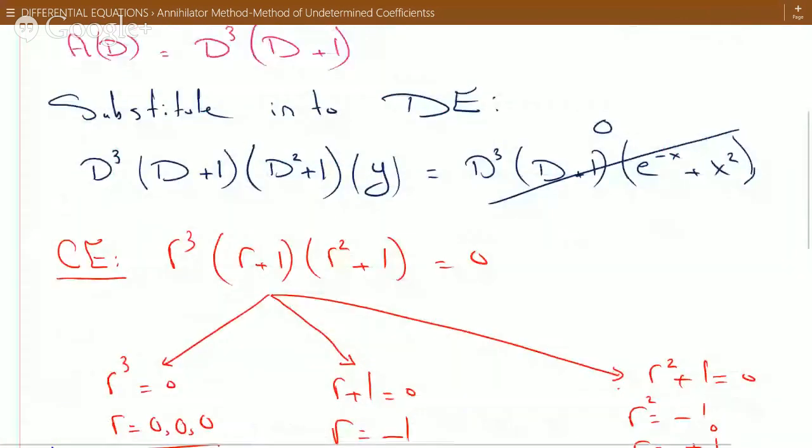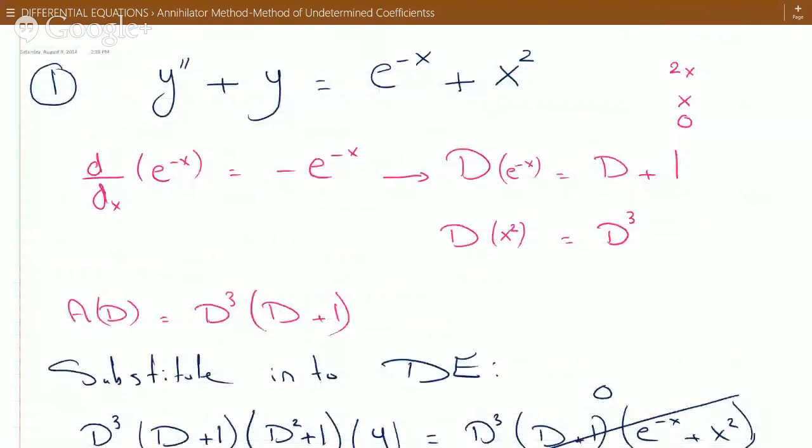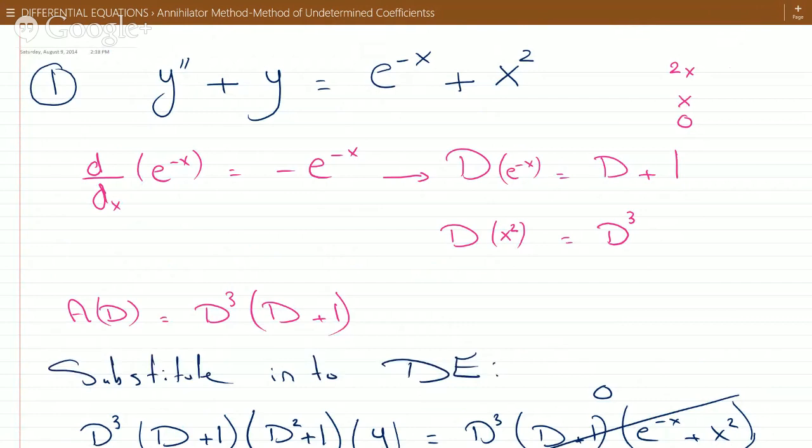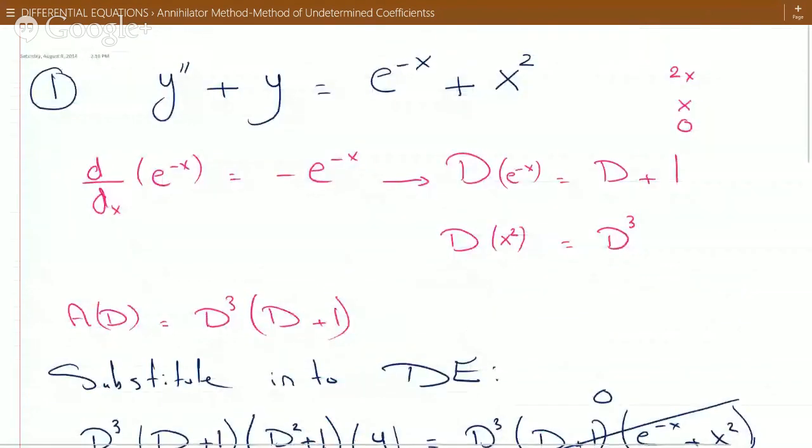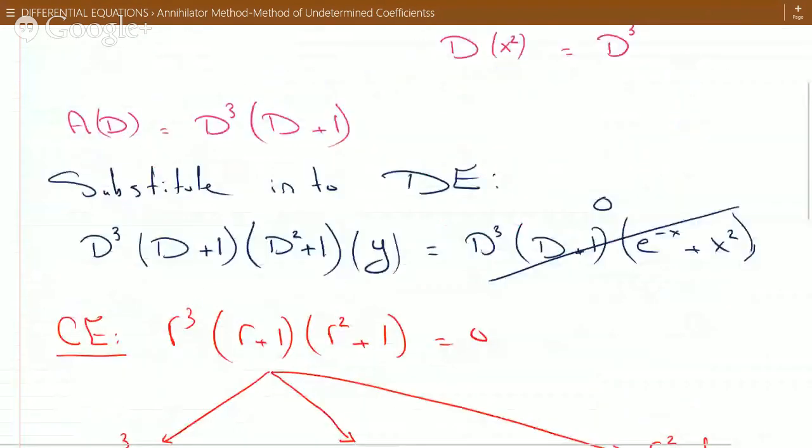So the process is very simple. You find the annihilator of each of the non-homogeneous terms, whatever it takes to make them go away. You apply it to both sides of the differential equation, including the terms of the differential equation.